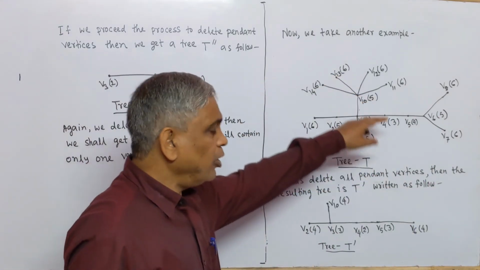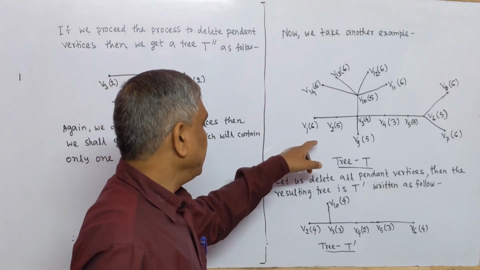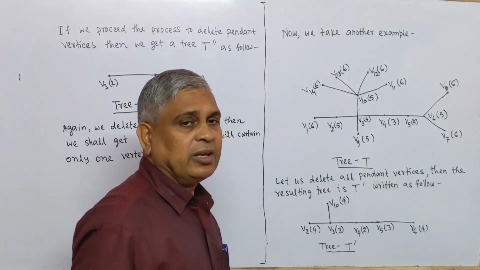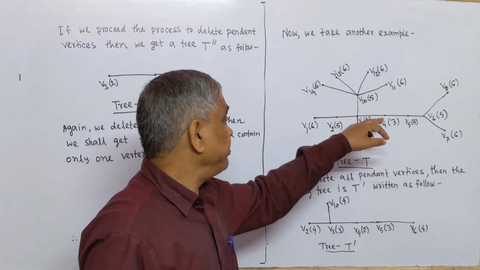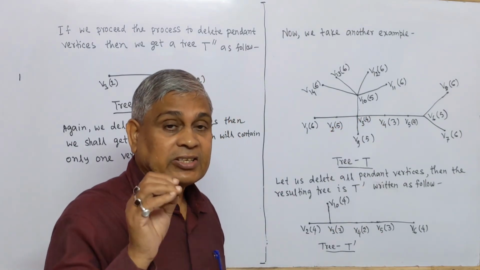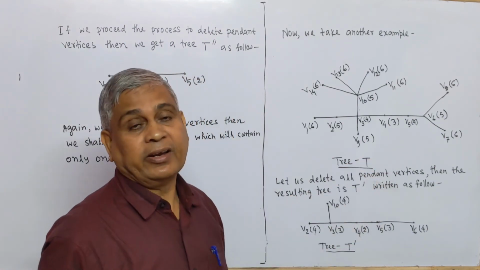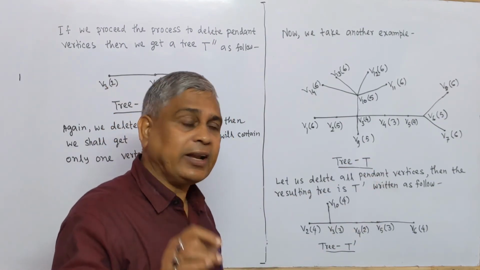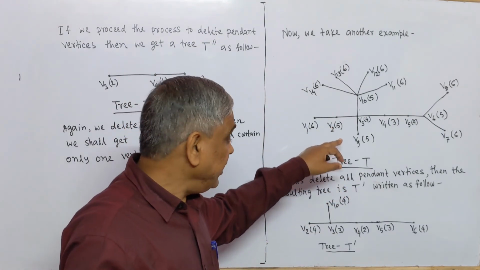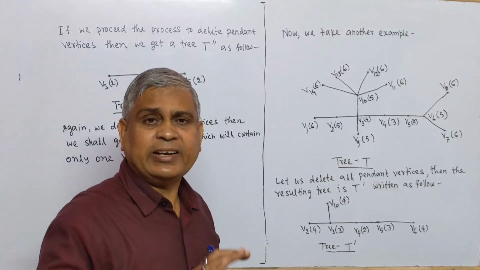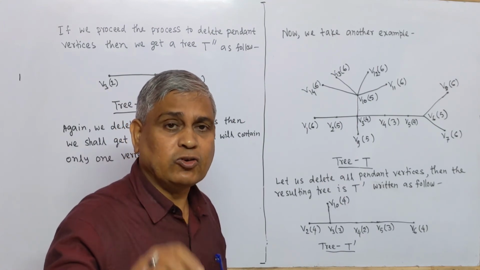We delete these all pendant vertices. We get a new tree T prime. As if we delete the pendant vertices, the eccentricity of the remaining vertices will be reduced by 1. So the center of T will be the center of T prime. Center will not be affected. Only eccentricity is reduced by 1.